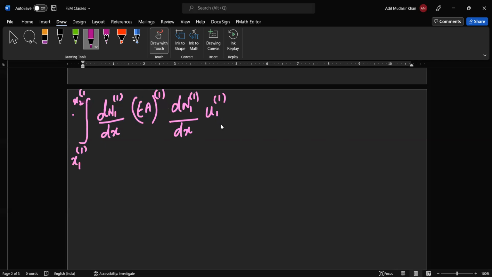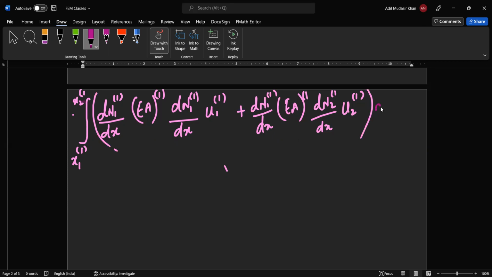Plus dn2 by dx. So dn1 by dx u1 plus dn1 by dx for element 1 EA for element 1 dn2 by dx for element 1 into u2 for element 1, entire expression dx minus integral going from x1 to x2 with superscripts 1 and 2.